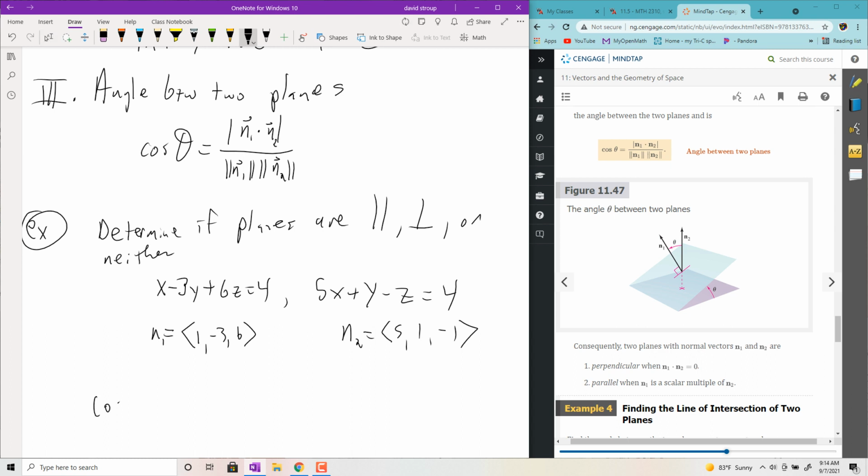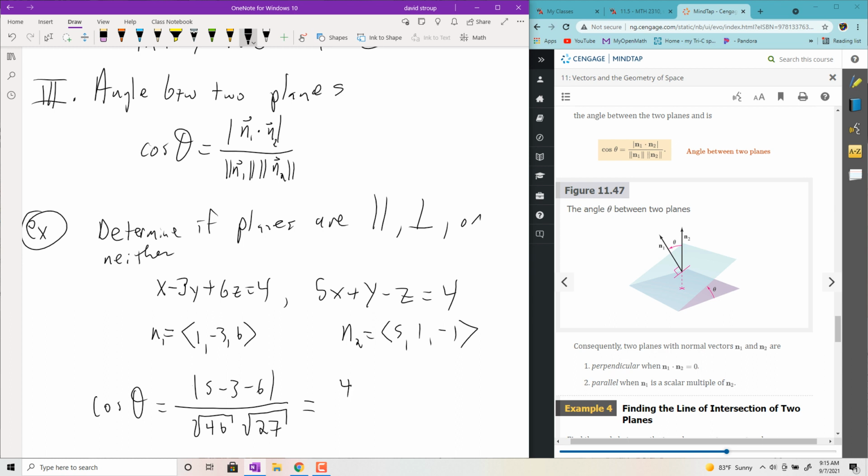Then you're looking at the cosine of the absolute value of the dot product, so that would be 5 minus 3 minus 6 all over the magnitudes. So 1 plus 9 plus 36 is 46, and 25 plus 1 plus 1 is 27. Upstairs, negative 9 plus 5 is negative 4.